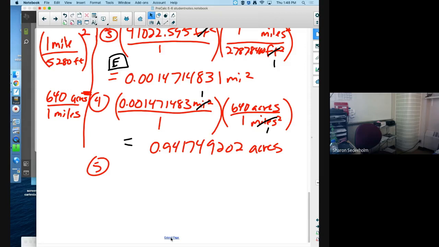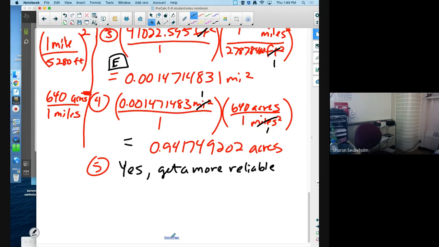So is there good reason to doubt the owner's estimate? Yes. What we see here is you better get a more reliable estimate. Don't go off of Jim's paces.